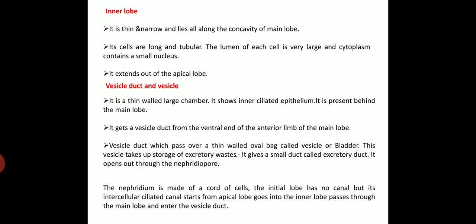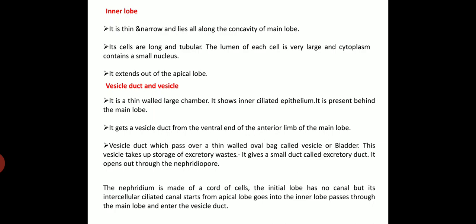The vesicle duct passes over a thin-walled oval bag called the bladder or vesicle. This vesicle takes up storage of excretory waste. It gives a small duct called the excretory duct, which opens out through the nephridial pore.